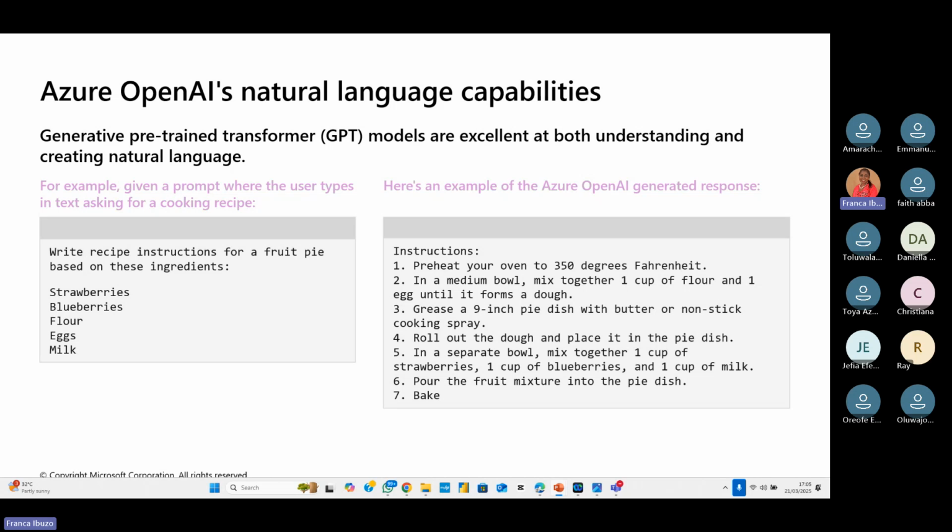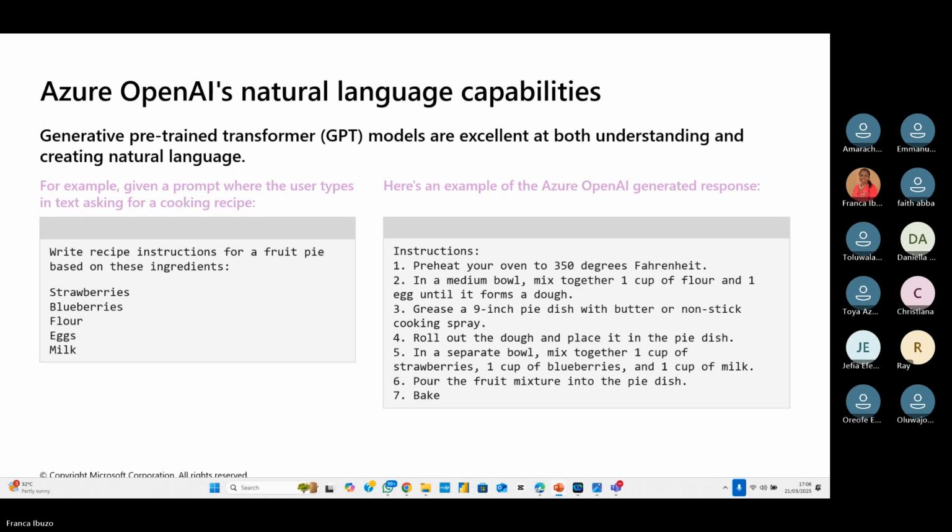If you go to your prompts and type in this, you've given it a prompt to write recipe instructions for a fruit pie based on these ingredients. It will come up with the recipe, which says preheat your oven to 350 degrees Fahrenheit. So if you want to do a fruit pie, for example, and you don't know how, you just type this. This is your prompt.